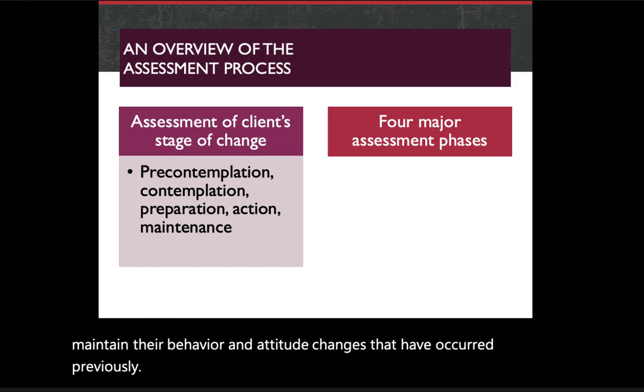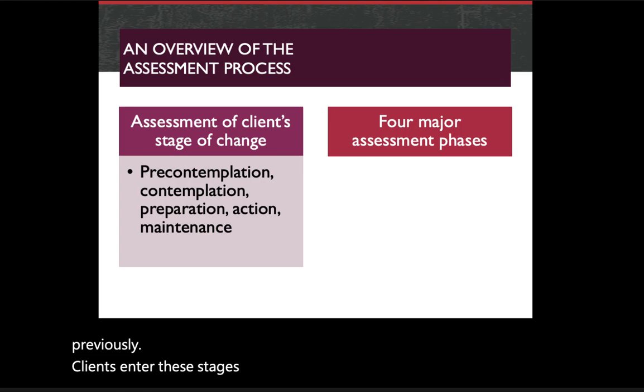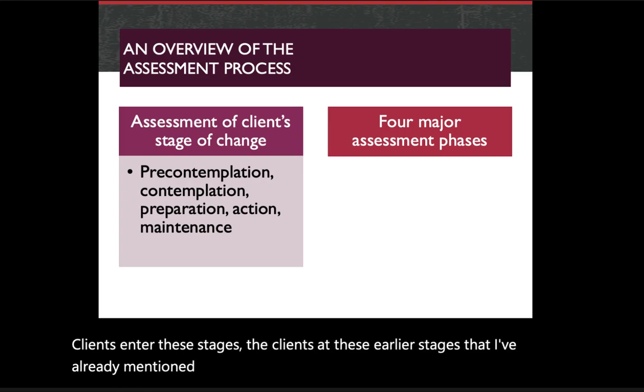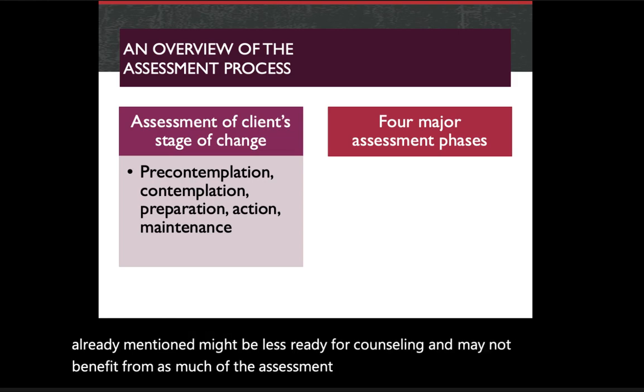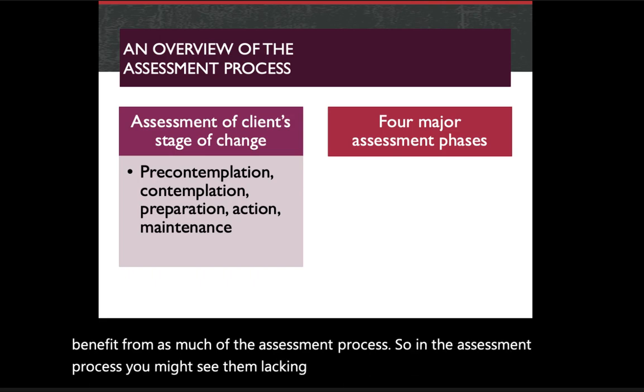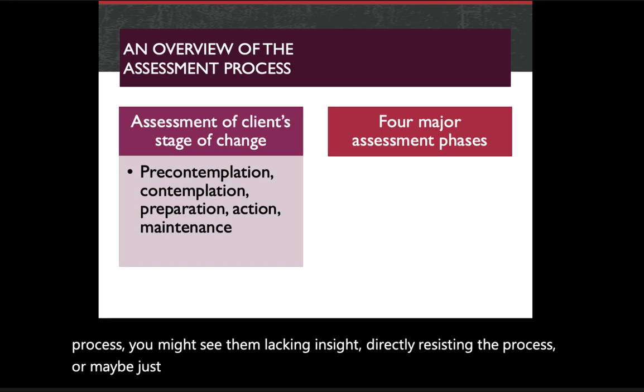Clients at these earlier stages, as I've already mentioned, might be less ready for counseling and may not benefit from as much of the assessment process. In the assessment process, you might see them lacking insight, directly resisting the process, or maybe just avoiding it altogether.